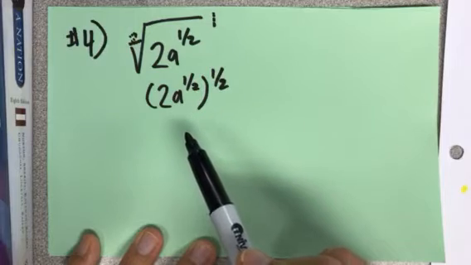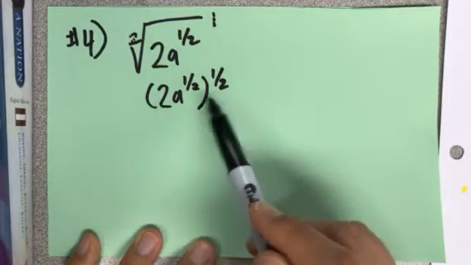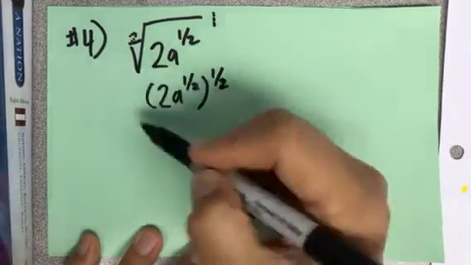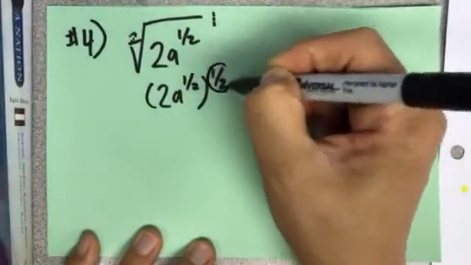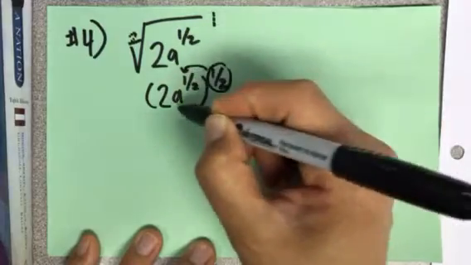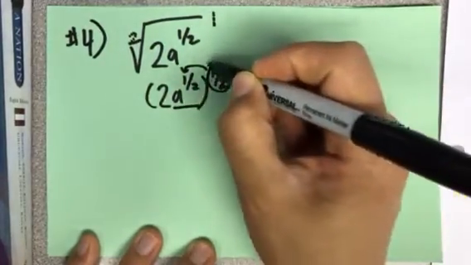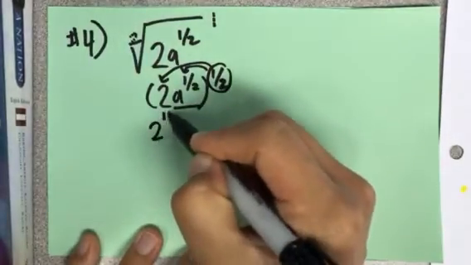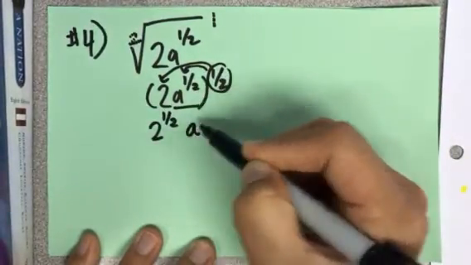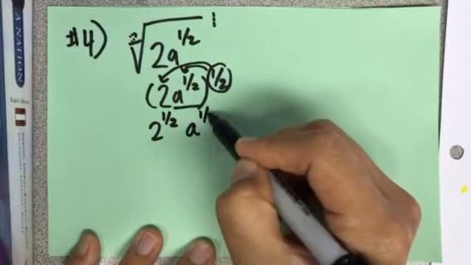Okay, so now when I do this, that's the same thing I know as this half. Remember in the exponent rule, this half needs to get multiplied to this number, and then this half needs to get multiplied to this number. Okay, so 2 to the half times a half times a half is a fourth.